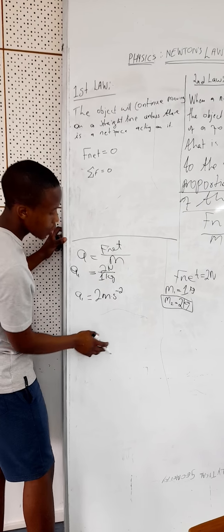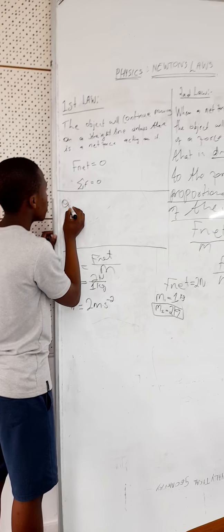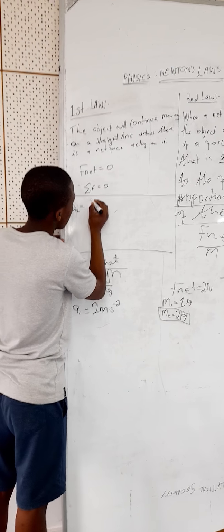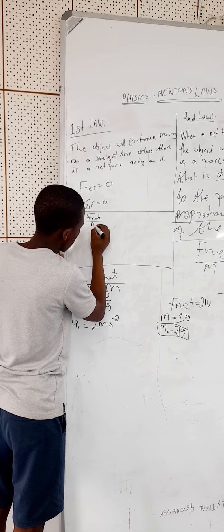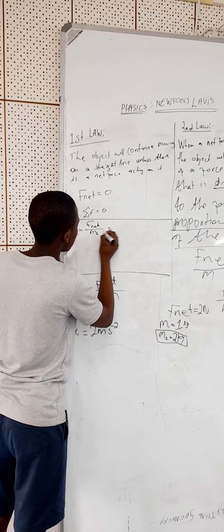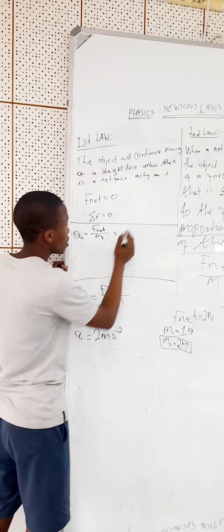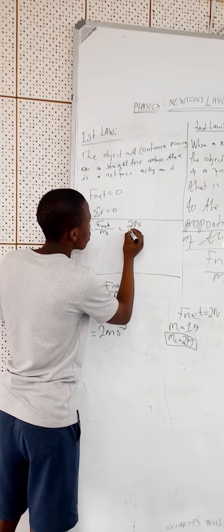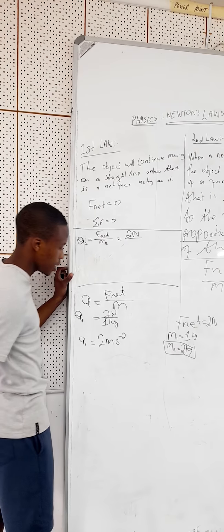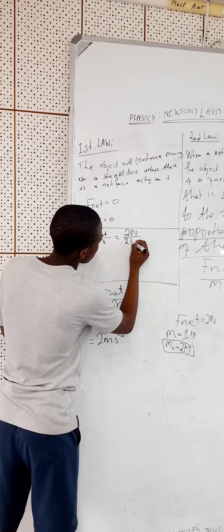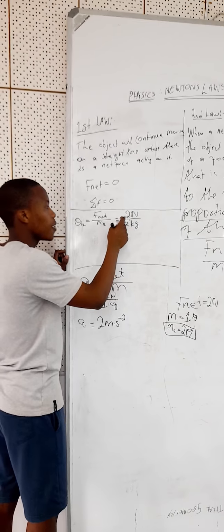Then coming to A2, we substitute this mass, which is m2. So we have A2 equals F net over m2, which is 2 newtons still, all divided by 2 kg. What is 2 divided by 2?